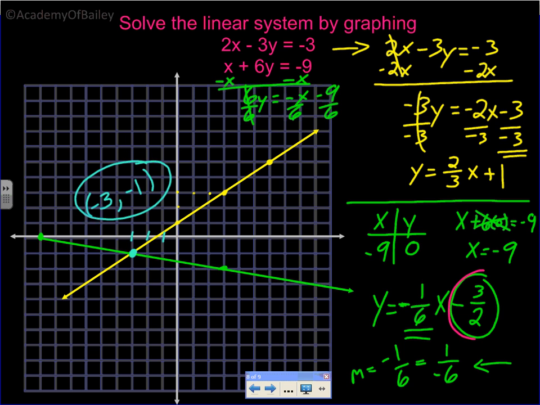Look at the y-intercept, negative 3/2. That's negative 1.5, right? That would be the y-intercept. Like I said, I just don't like using that because you cannot be exact when you have fractions or decimals for your ordered pairs.